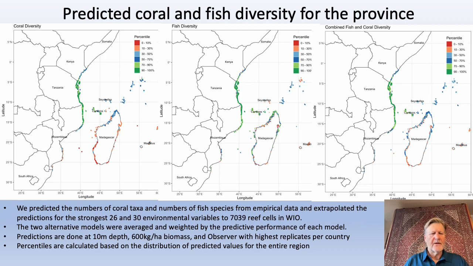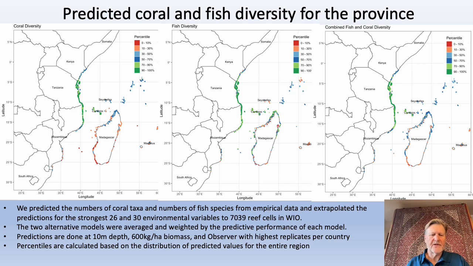And then we break them into different categories, 6 different categories, as to whether they fall into the lowest or the highest, low being red and high being green. One thing that we've done here to remember is that we've normalized some of the things such as fish biomass. We know fish biomass is very important for biodiversity, so to compare sites you have to solve it for that one particular biomass.